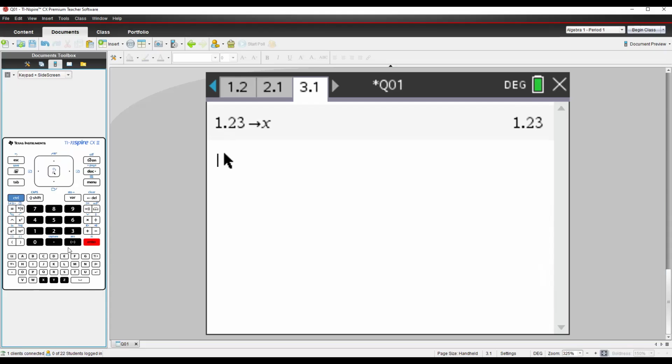So the original expression was a negative 2 parentheses x squared minus 2x plus 1, close the parentheses, and then plus parentheses 3x squared plus 3x minus 5, close the parentheses, press enter.